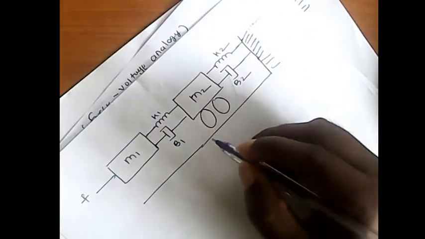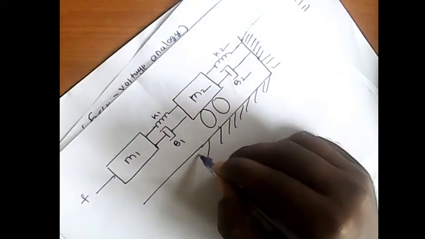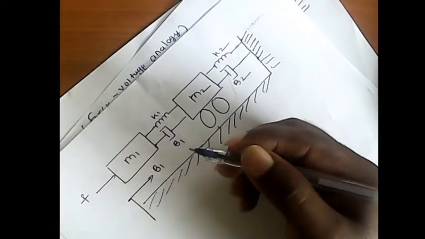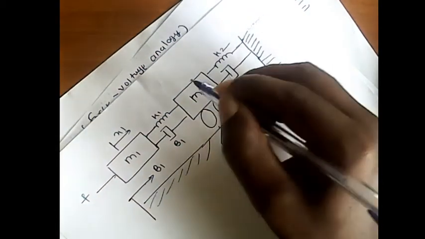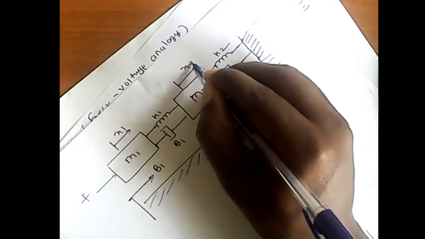This mass M2 has some wheels. So this is a surface, and we apply a force in this direction, with some friction related to the mass M1. The displacement related to mass M1 is x1, and the displacement related to mass M2 is x2.